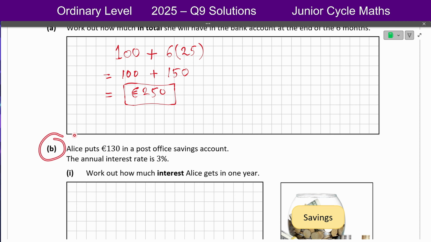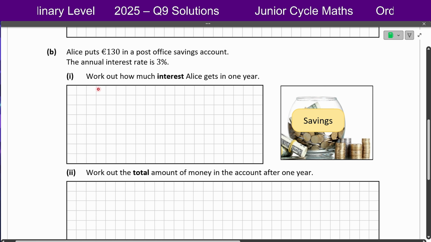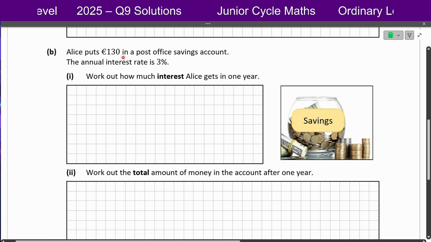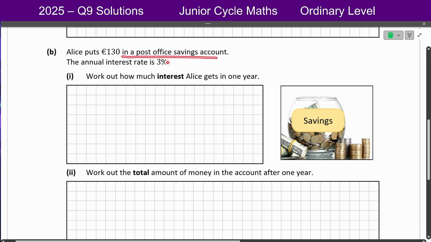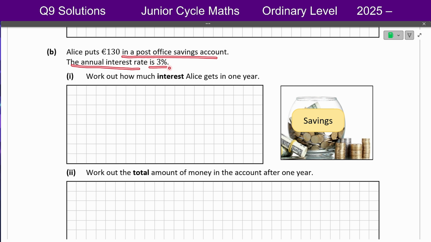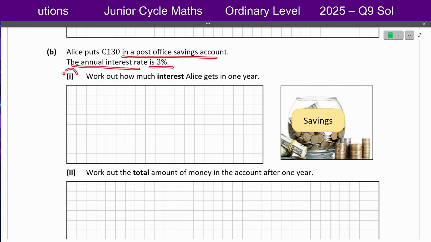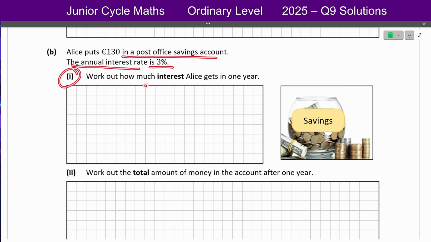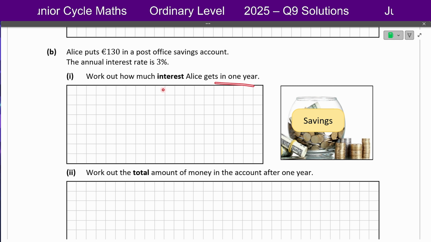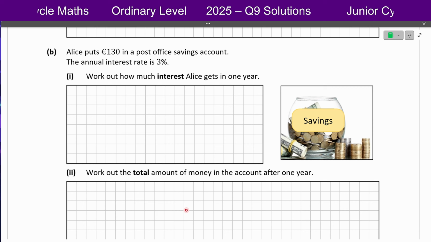In section B, it says Alice puts €130 in a post office savings account, and the annual interest rate is 3%. In the first part, we need to work out how much interest Alice gets in 1 year. The answer is quite simple.